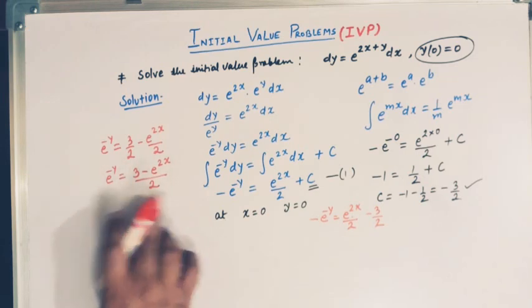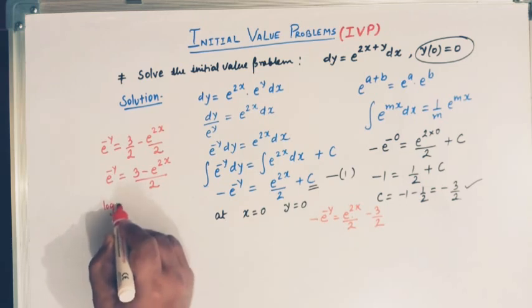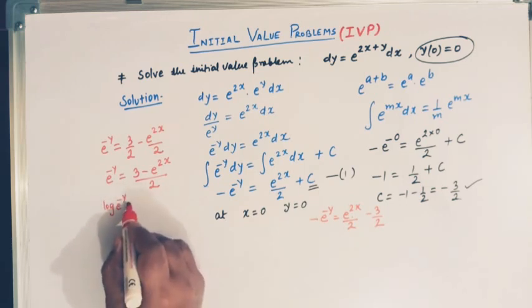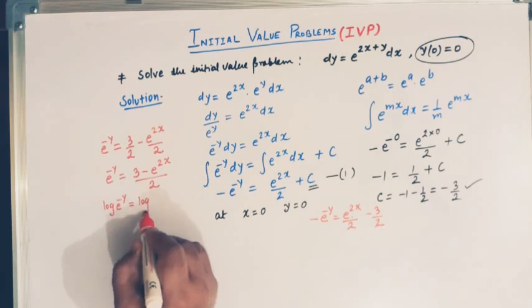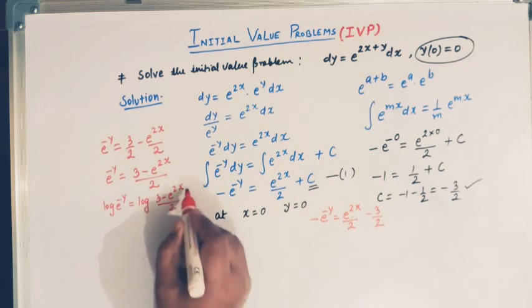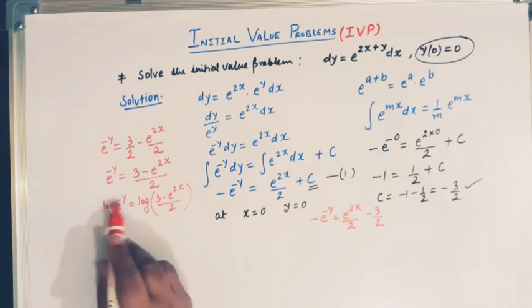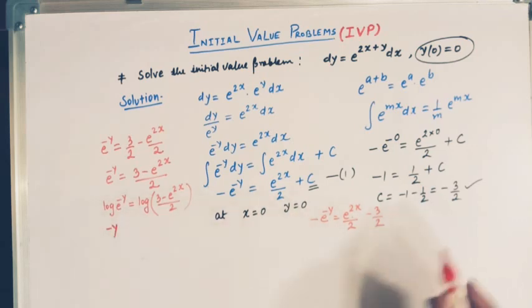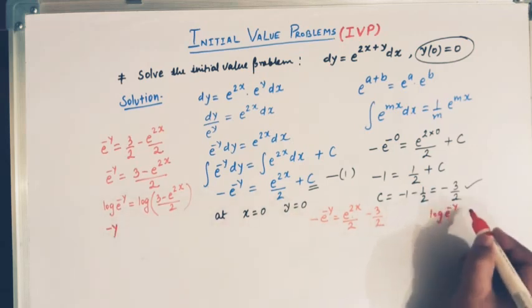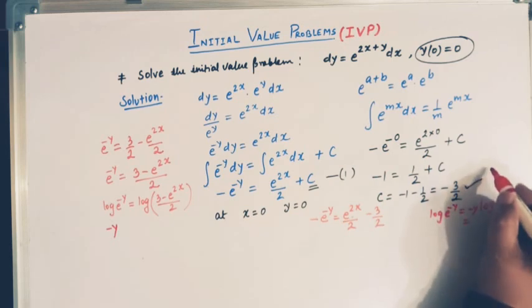Now we can take the natural log of both sides, so we can write log e raised to minus y is equal to log of 3 minus e raised to 2x over 2, right? And by applying the property of log, we can write it as minus y, because log of e raised to minus y is minus y log e, and the value of log e to the base e is 1.